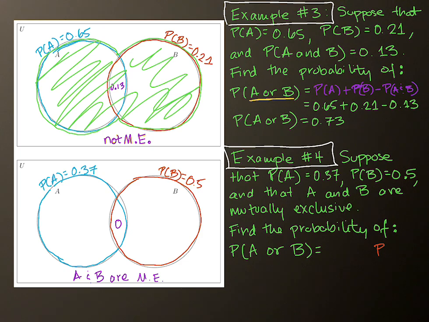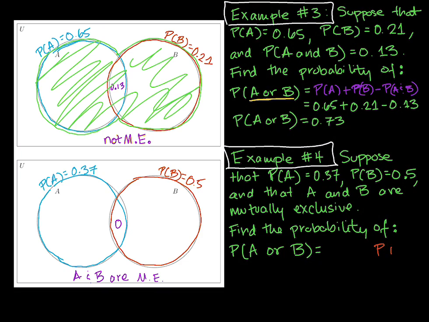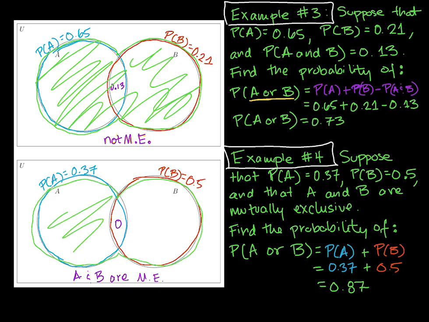So we have the probability of B, 0.5, and we're adding that to the probability of A, which is 0.37. We're adding these together, and we get 0.87. So the whole in one circle or the other is 0.87 for both of them.